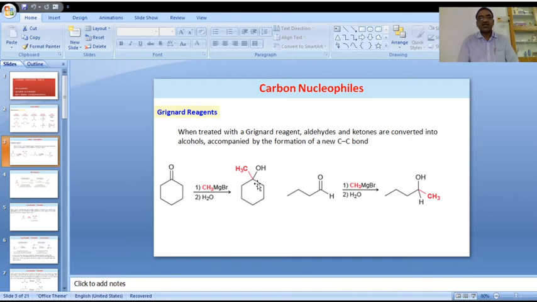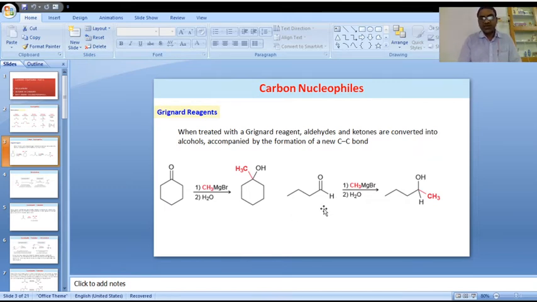In this alcohol formation, the carbonyl carbon bonds with another carbon, so a new carbon-carbon bond is formed in this reaction. Finally, we get an alcohol compound. Okay, this is about ketones to alcohols formation.